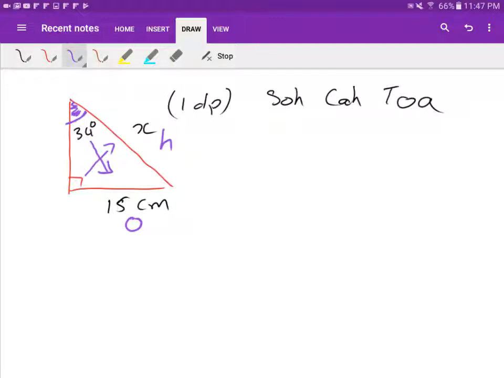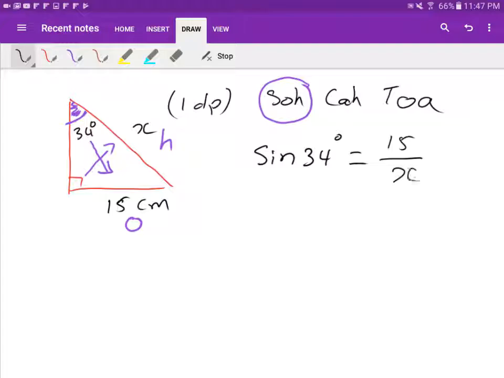Because we have O and H, we use SOH. S stands for sine of whatever that angle is. Sine 34 degrees equals opposite, which is 15, over H, and H is x in this case.